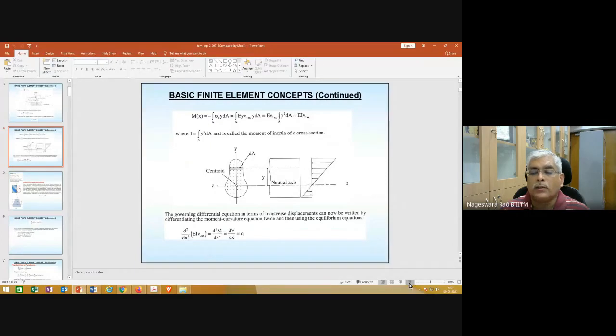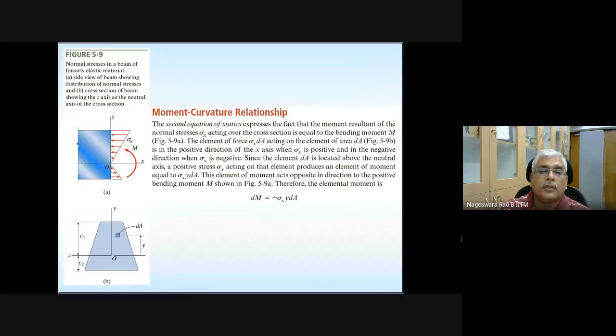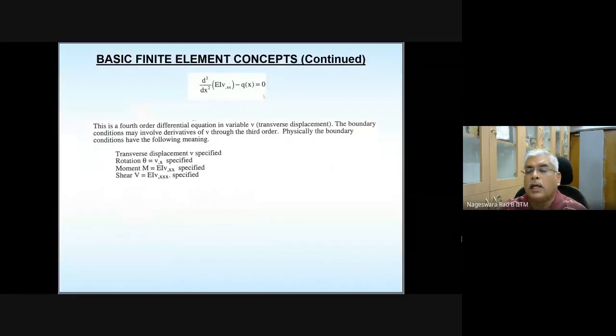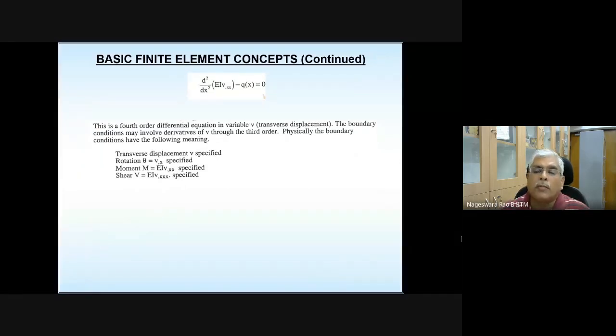Okay, so what I suggest is you follow some standard mechanics of materials book if these concepts are not clear to you. And with that, I want to proceed with our development of finite element equations.